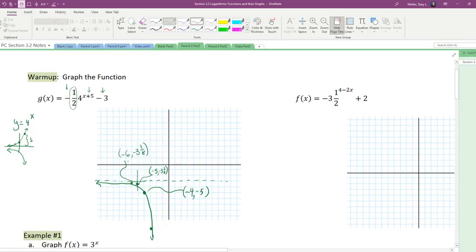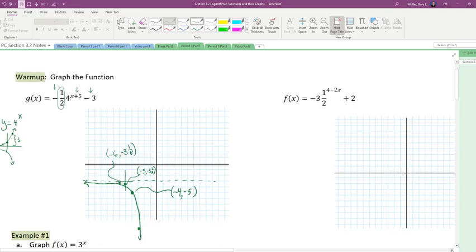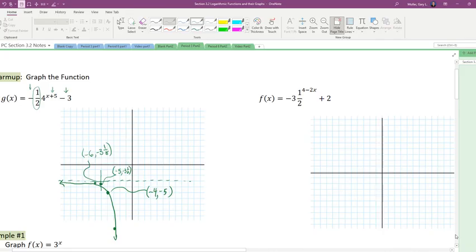All right, and let's try what appears to be a harder one. Ooh, we got a lot going on here. We've got this scenario again where we have not a 1 in front of as my coefficient on x. So the first thing I'm going to do is I'm going to rewrite this problem.